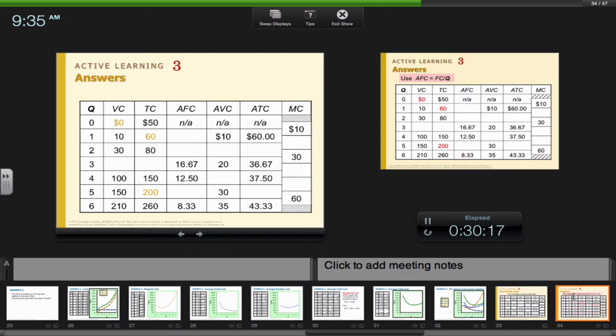Well, go ahead and tackle the average fixed cost because that one's pretty easy, right? Okay, we know our fixed cost is 50, right?